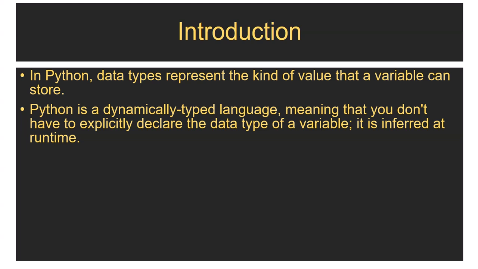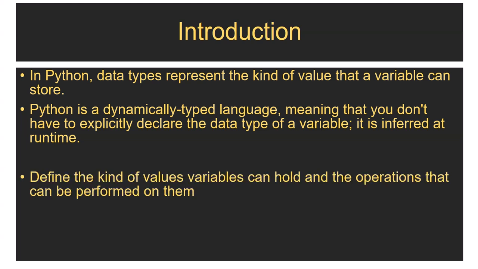Good. If that is the case, why is it necessary to learn about data types in variables? It is necessary because data types in Python define the kind of values a variable can hold and the operations that can be performed on those particular variables. If it is a numeric variable, you can perform arithmetic operations on it. If it is a string variable, you are able to perform concatenation.